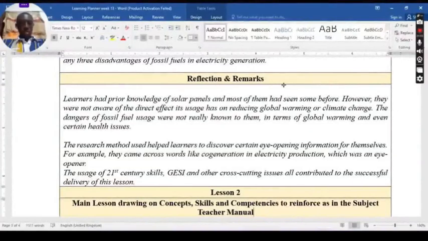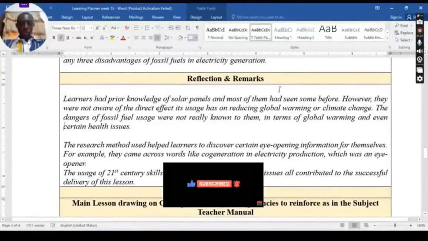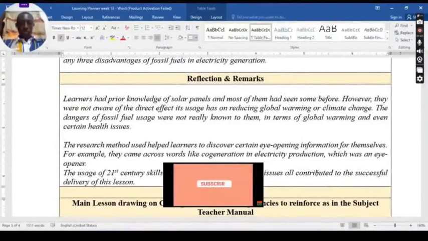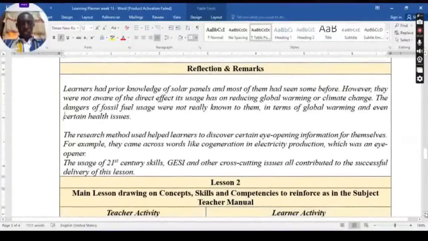So you are reflecting, pondering over the activities that went on. This can be detailed. It depends on what you want to write. If nothing happened, you can just write something simple, but let it be a good reflection.